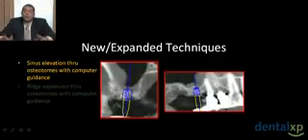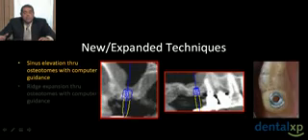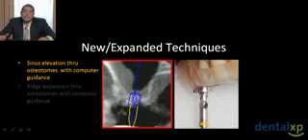Now, there are some newer things that we can do. One of the techniques that I employ is using computer guidance to do the sinus osteotome technique. And how do I use that? I simplify the technique by doing my planning where I position my implant just to the floor of the sinus. Then a guide is formed that will reflect that. I'm able to drill just to the floor of the sinus, weakening the floor of the sinus.